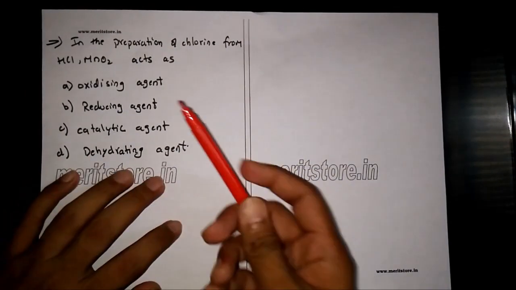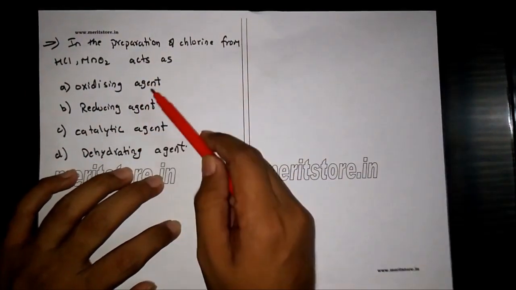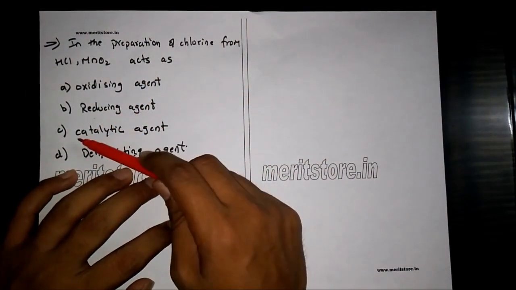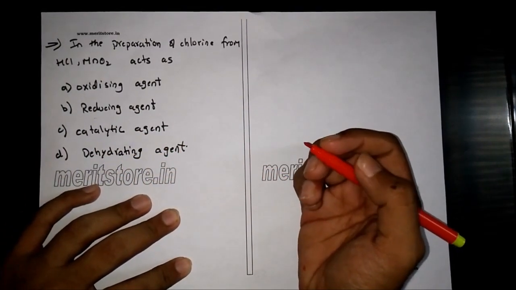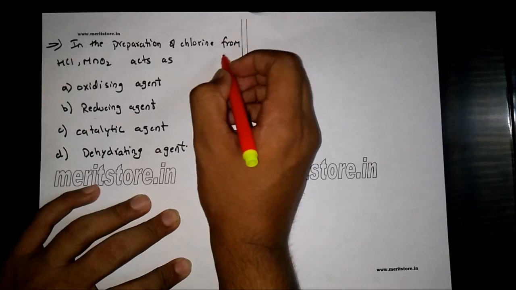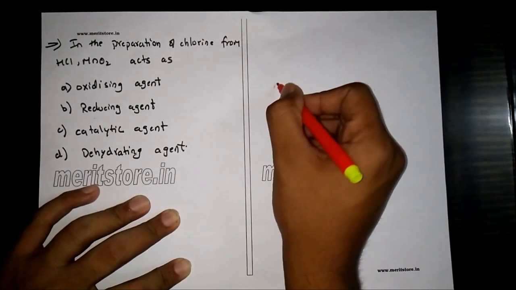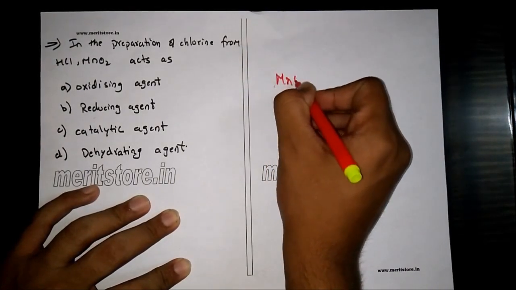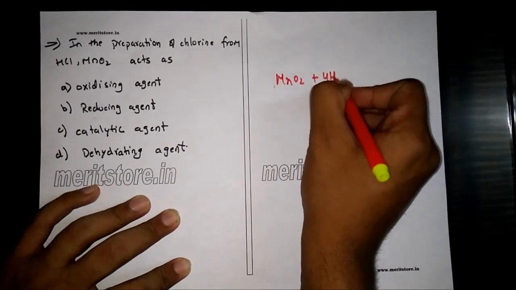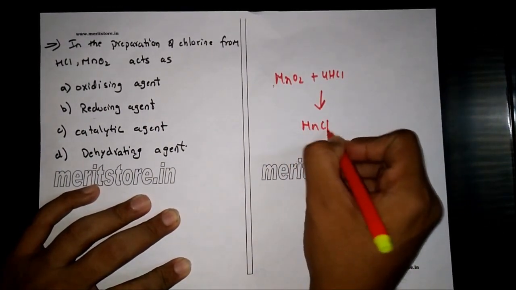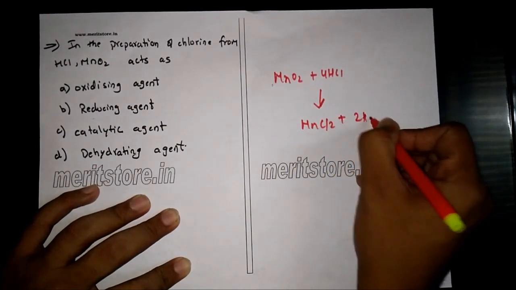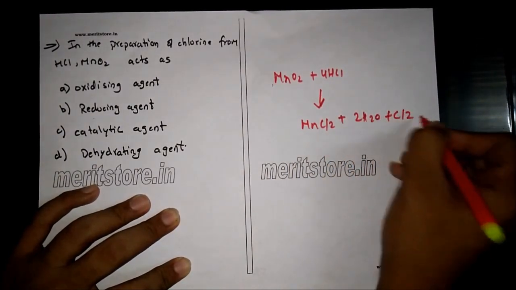In the preparation of chlorine from HCl, MnO2 acts as an oxidizing agent, B reducing agent, C catalytic agent, or D dehydrating agent. Now let's look at the reaction of the preparation of chlorine from HCl. MnO2 plus 4HCl gives MnCl2 plus 2H2O plus Cl2.